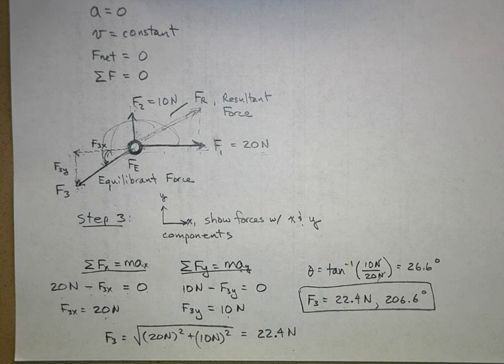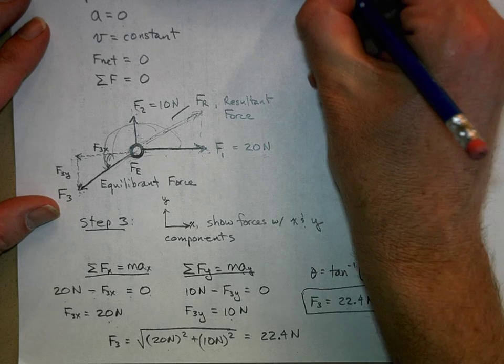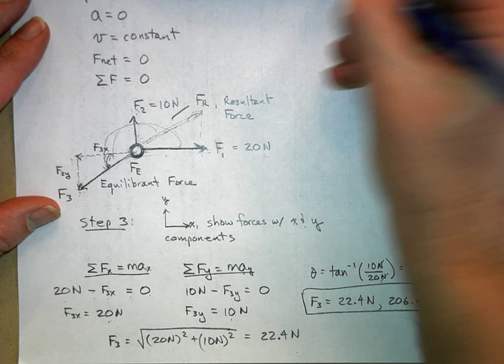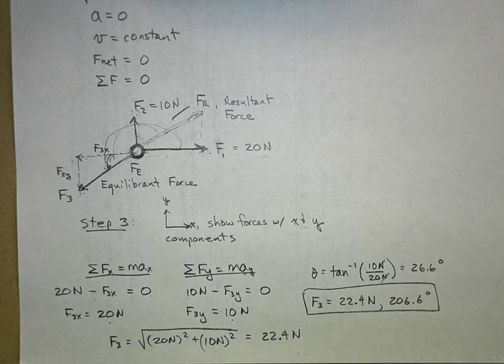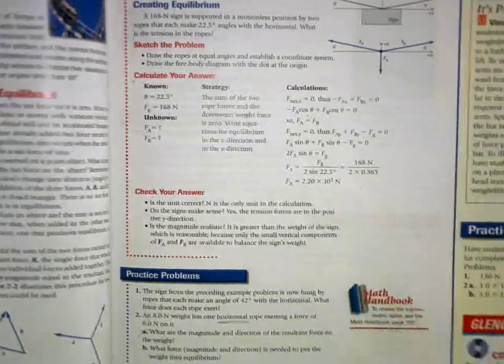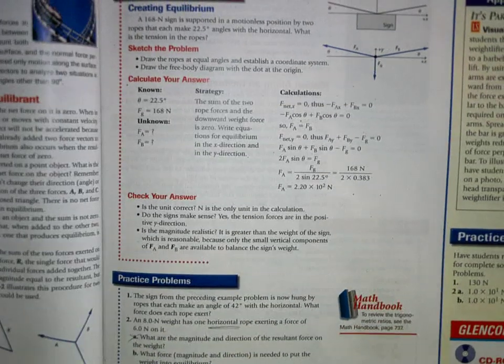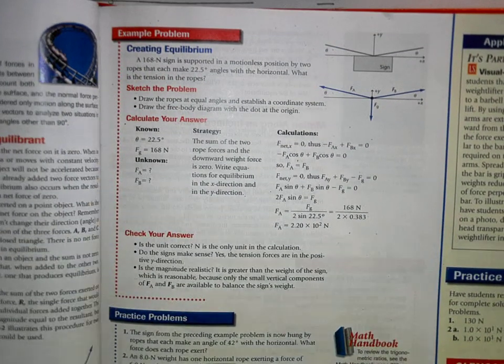So, here's what I want you to do now. I want you to do this example problem from the book, and I want you to use the procedure to do it. So here's the example problem, and by the way, this is part of the homework, this is E1. Don't look at the answer, okay?